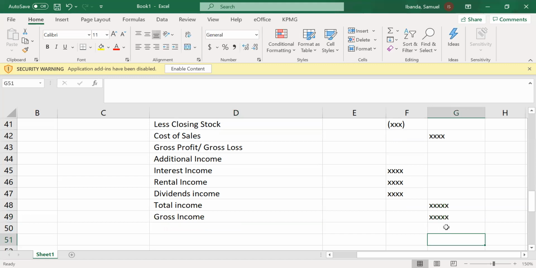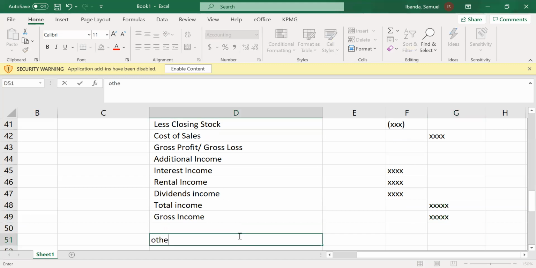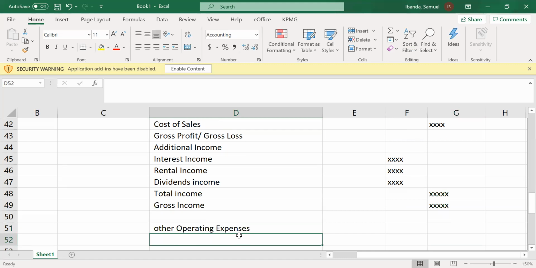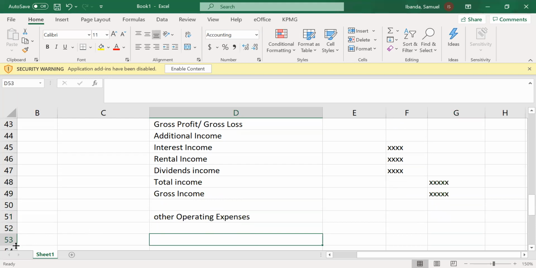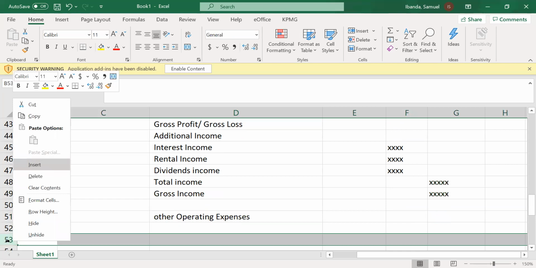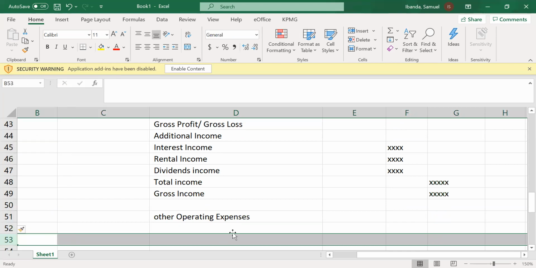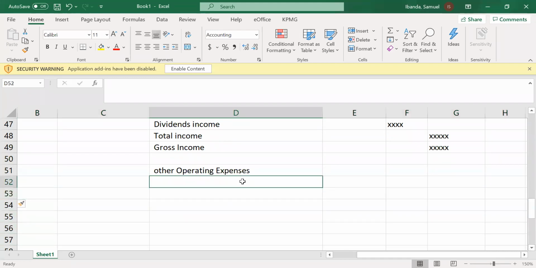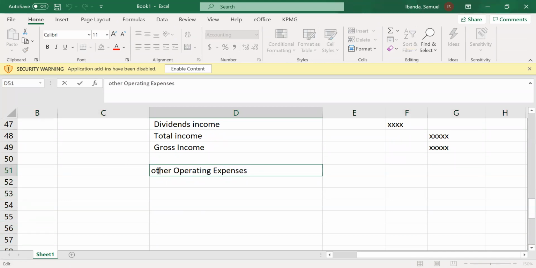After that, you come to your other operating expenses. It is within your other operating expenses that you now have your rent, electricity, transport expenses, and so on, okay?